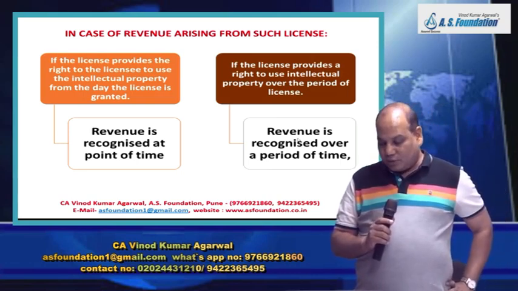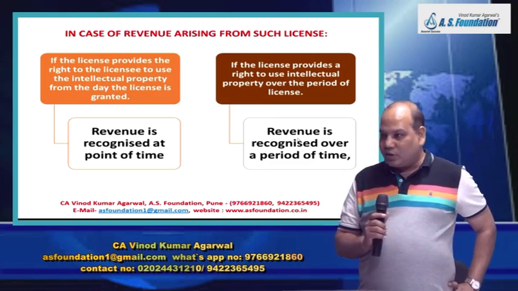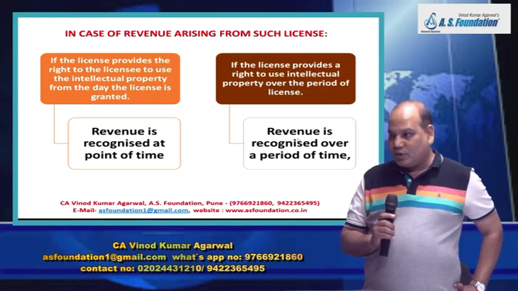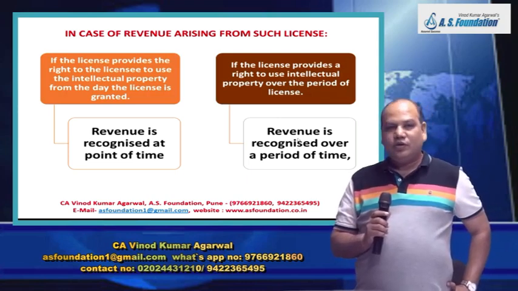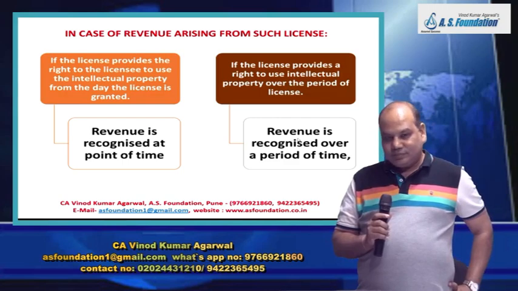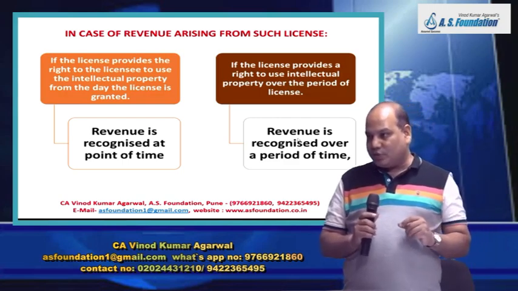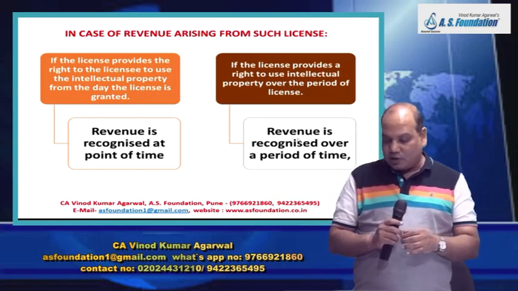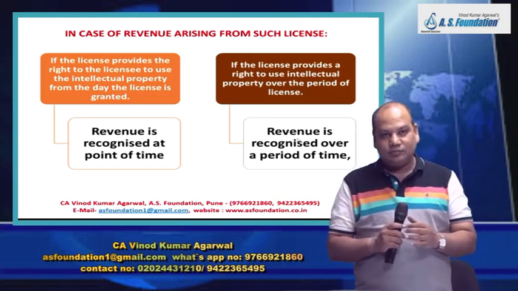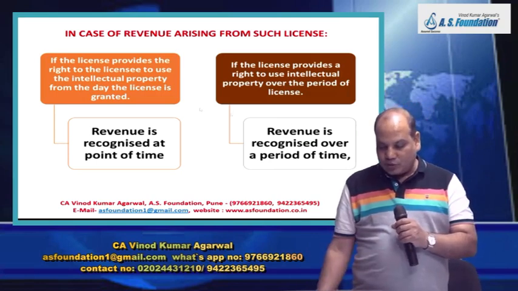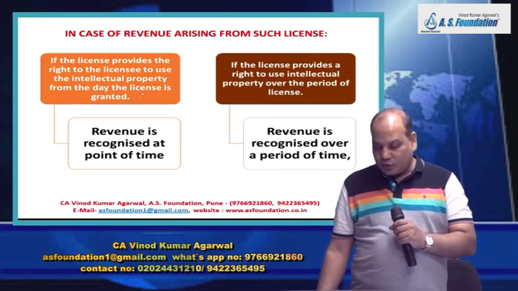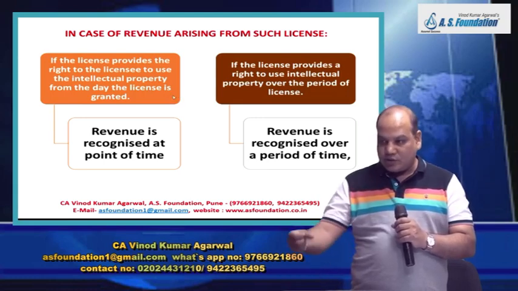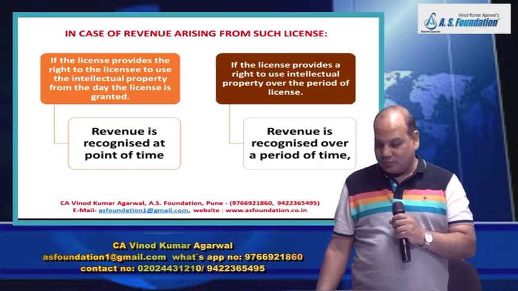Like companies have got some intellectual property. It allows others to use that intellectual property. How to recognize revenue in that case? There are two types of situation possible. One, if the license provides the right to the licensee to use the intellectual property from the day the license is granted. Once the license is granted, now you can start using it.